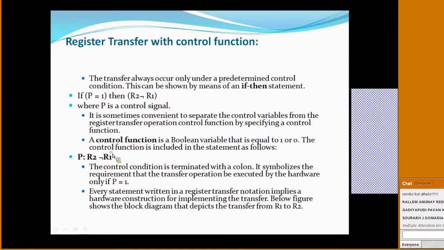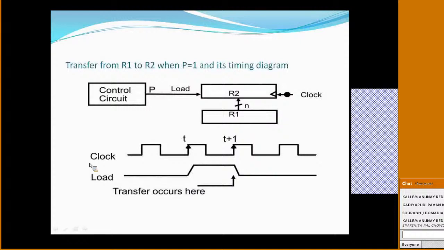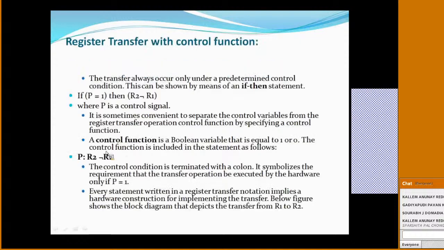You will represent this as P colon R2 to R1. Whenever I say P colon, by default the value of P is equal to 1. You will not represent it like 'if P equal to 1, then R2 to R1' in computer organization. We will represent P colon R2 to R1, or R1 to R2. That means whenever P equals 1, then only the transfer will happen.